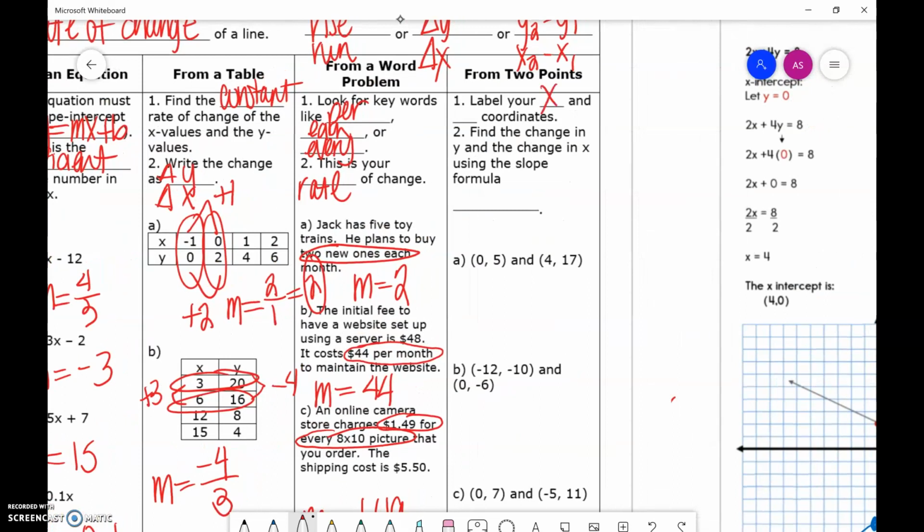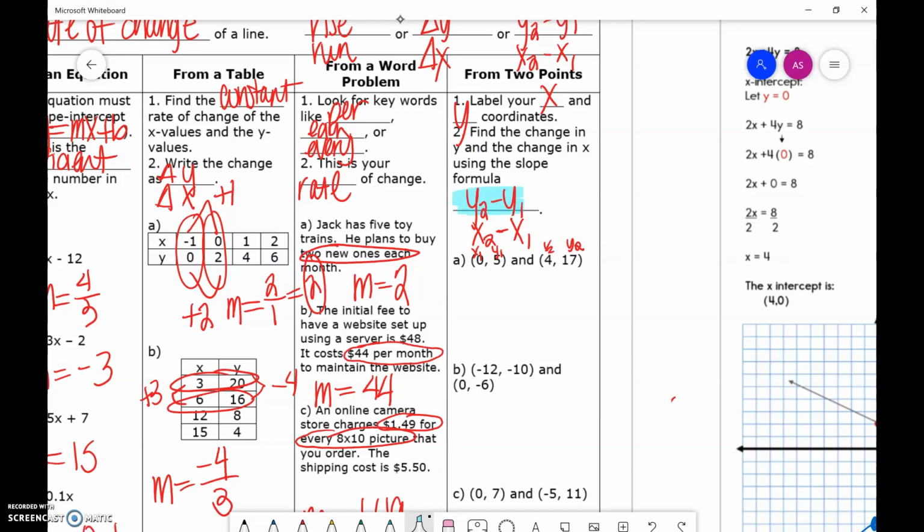So here's where we're going to use our formula, y2 minus y1 over x2 minus x1. I'm actually going to show you two ways because some of you hate formulas, and that's okay. You don't have to use it, but I am going to show you how. So you want to label x1, y1 with your point. This is my first point, and this is my second point.